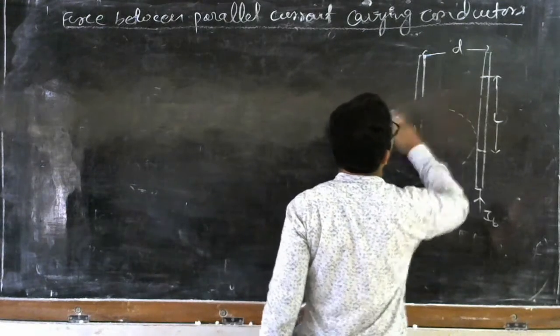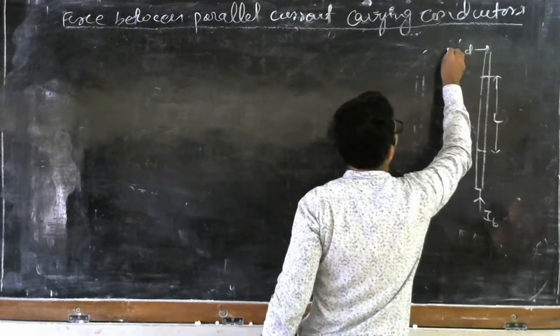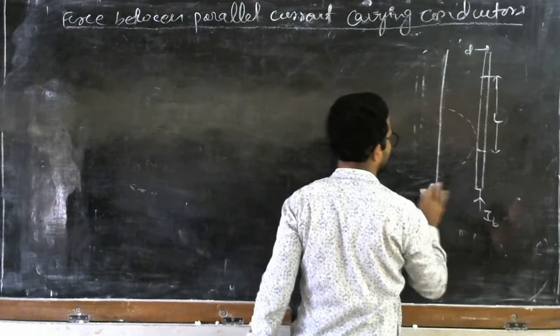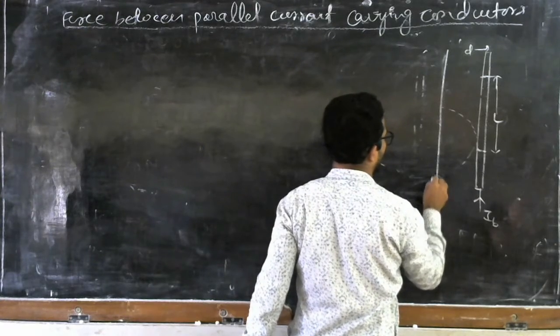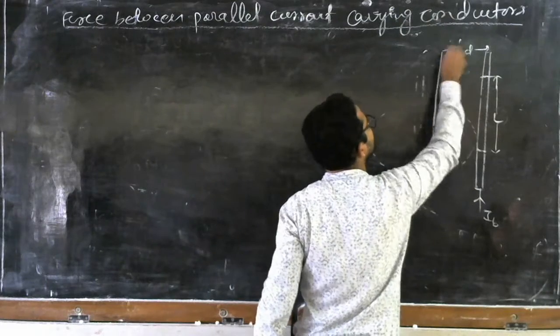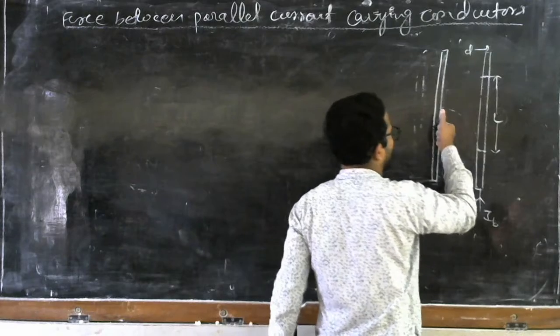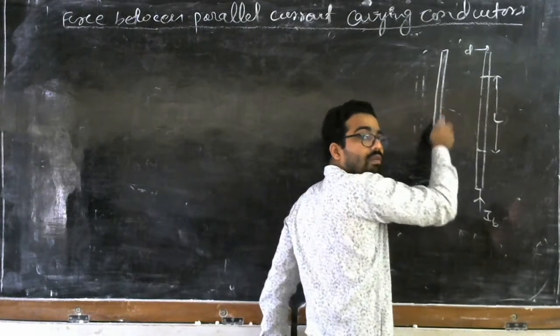Let me draw this very close so that I can clearly draw the picture. The direction of magnetic field will be like this.